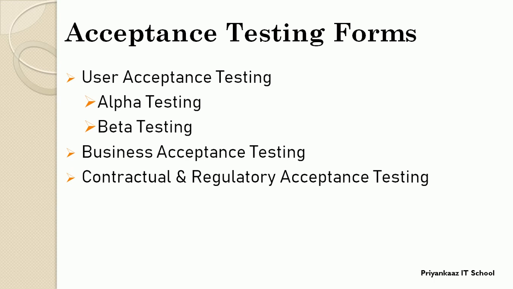Again, what exactly is regulatory acceptance testing? Regulatory means some kind of rule or standard we need to follow. Regulatory acceptance testing must be performed against any regulation that must be followed or adhered to, such as government legal rules and safety regulations.